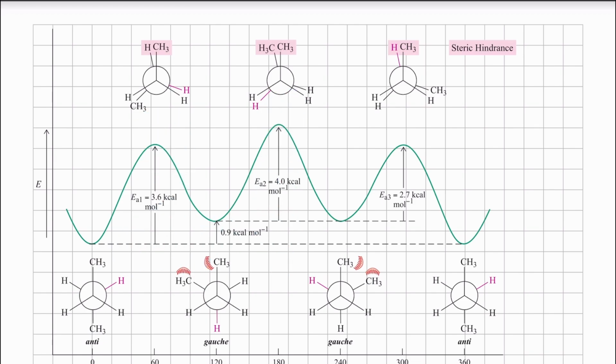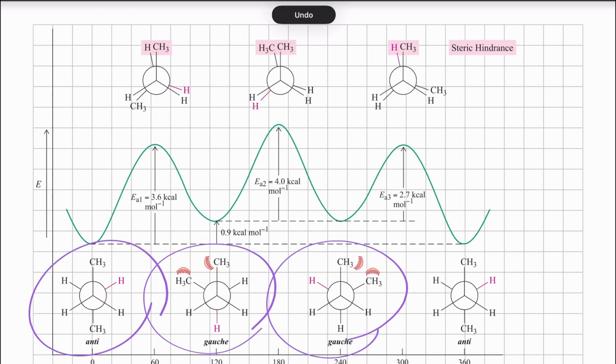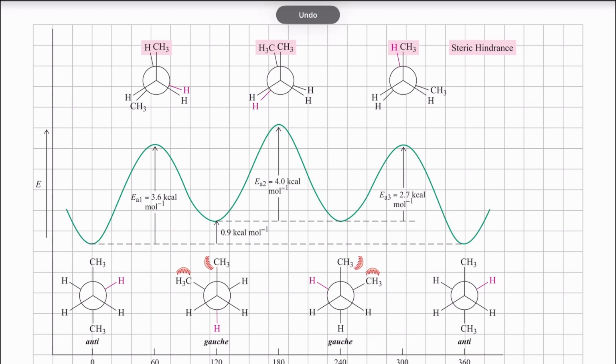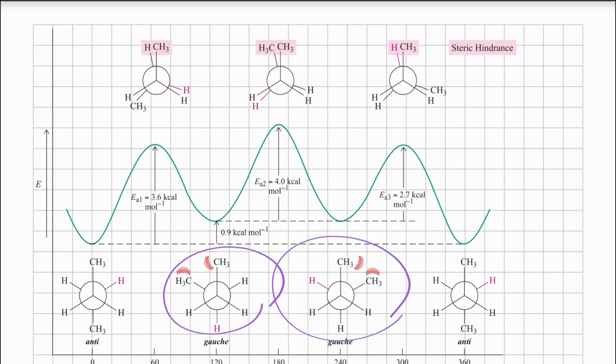So let's go to the other conformations that exist here on the lower parts, starting with these two conformations. When you look at these, you can see that two methyl groups are not face to face, but there is a 60-degree angle between them. So the methyl groups can cause a little steric hindrance as well.